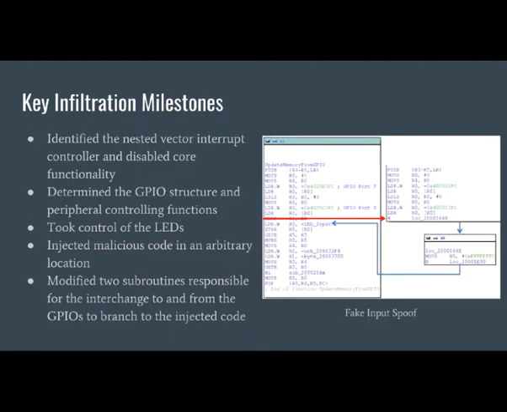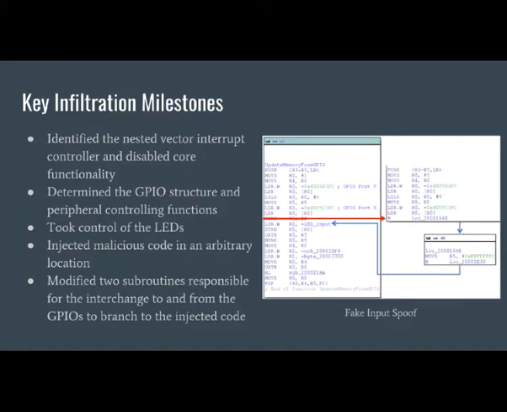Then they went through quite a lot of detail in terms of how they actually implemented the attack, and some of those milestones where they were able to identify the nested vector interrupt controller in order to disable the core functionality. And because PLCs are essentially GPIO units, which are taking in inputs and sending out outputs, they needed to determine the structure and the peripherals controlling those GPIOs.